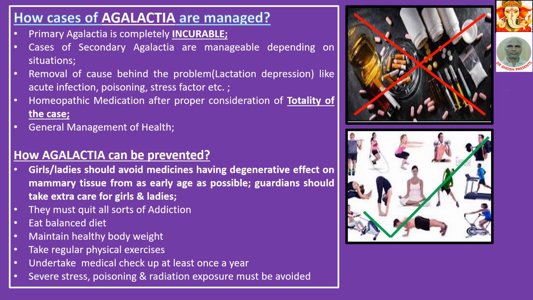It cannot be prevented, because the girl or lady may suffer from some disease for which medicine selected is dangerous for her breast tissue. It is quite possible, but who knows and who will think at that level.